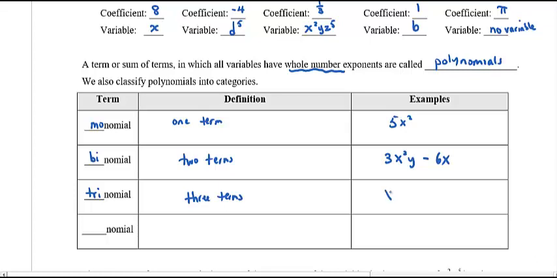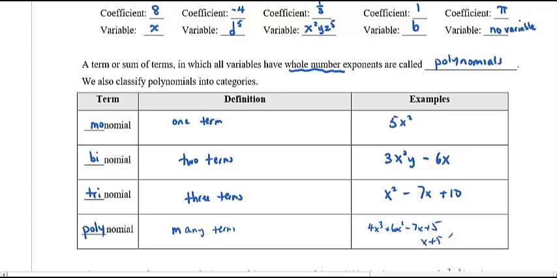So, I don't know, x squared minus 7x plus 10. And then there's just the general idea of a polynomial, and that just means many terms. It doesn't specifically say this has to be 3 or more, just many terms. So it could be 4 terms, could be less than that too, could be 2 terms, and so on.